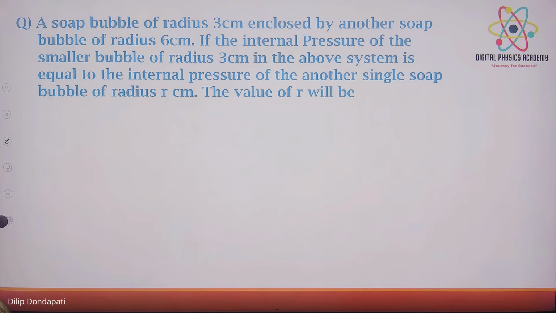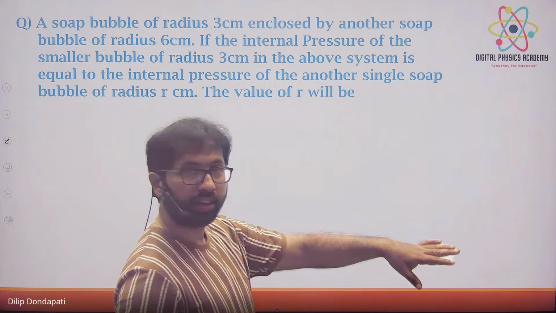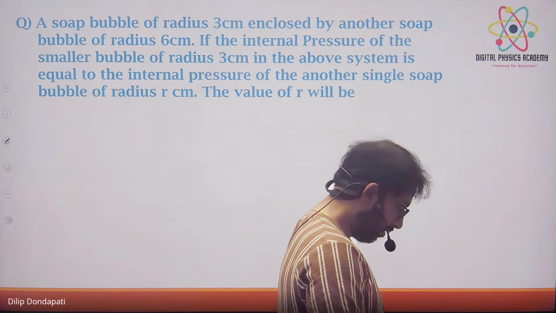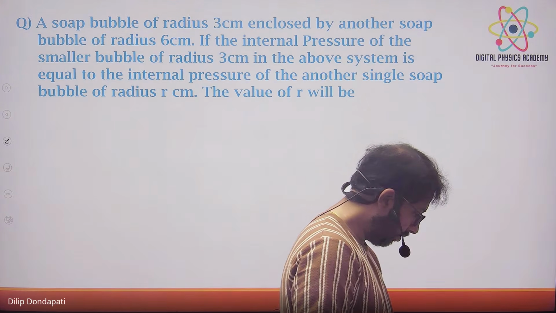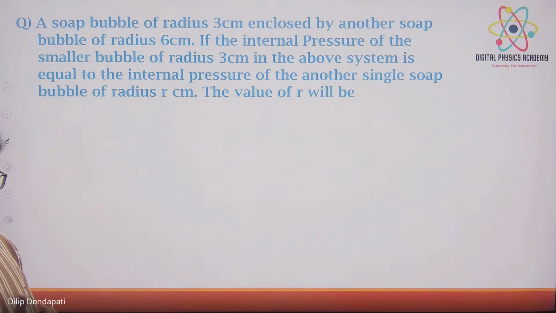Same type of question. If the internal pressure of the smaller bubble of radius 3 centimeters in the above system is equal to the internal pressure of another single soap bubble of radius r centimeters, the value of r is... They are talking about another bubble. Yes, equate.